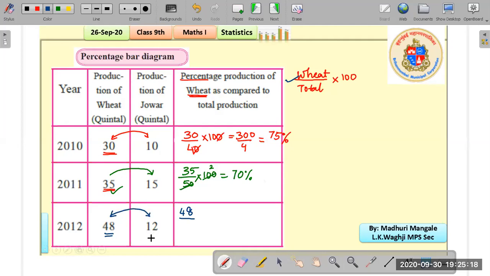It is 60, and we have to multiply it with 100, right? 0 gets crossed out. 6 times 8 is 48, and when you multiply, the percentage is 80%. Isn't that easy? So the first step, convert the given data into percentage form, out of 100, and then we go to the graphing part. So let us move to the graphing part.